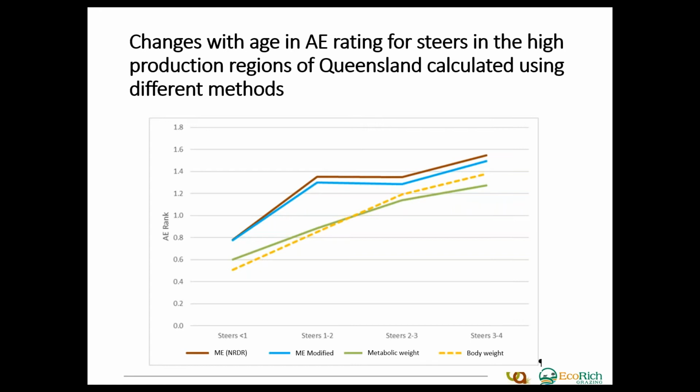But two wrongs don't make a right with the old approach. So that's why with Stu's work, we're able to correct the intake estimation, and it's always going to be an estimation, so that we can apply the AEs to intake and have a relatively better approach to match the two.